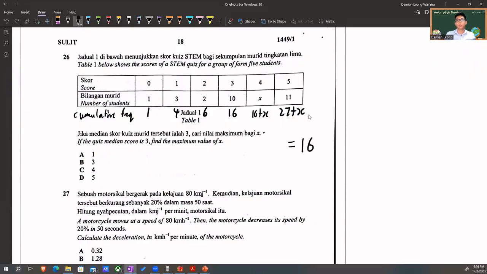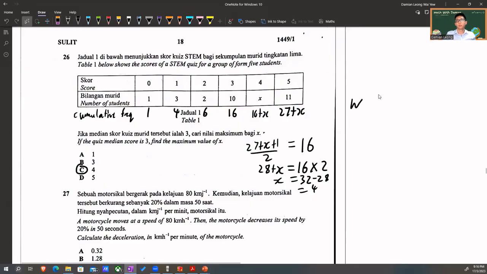So when 16, to find median is n, total frequency plus 1 over 2 value is the 16th value. So 28 plus x, bring over the 2, divide opposite times 2 is 32. Bring over the 28, minus 28, so x highest would be 4. Answer C.